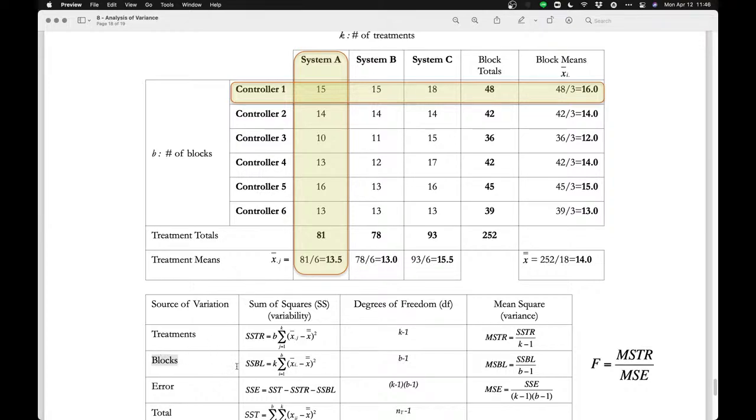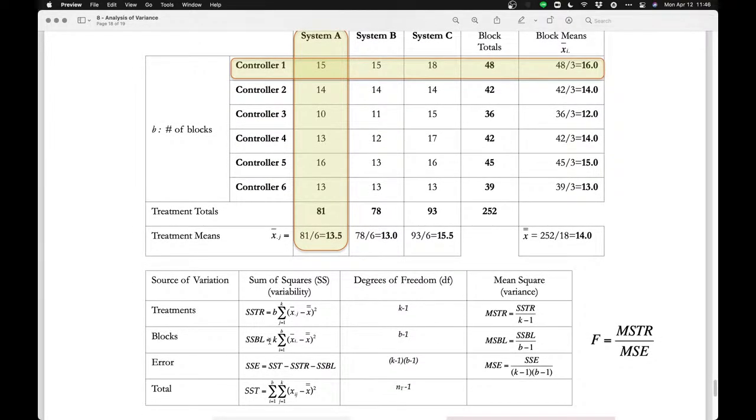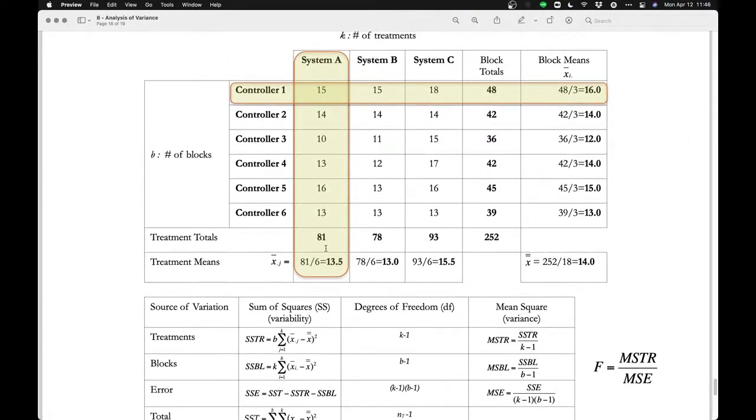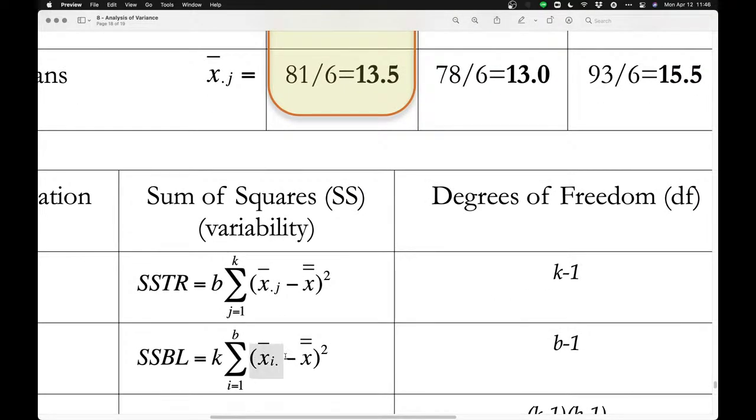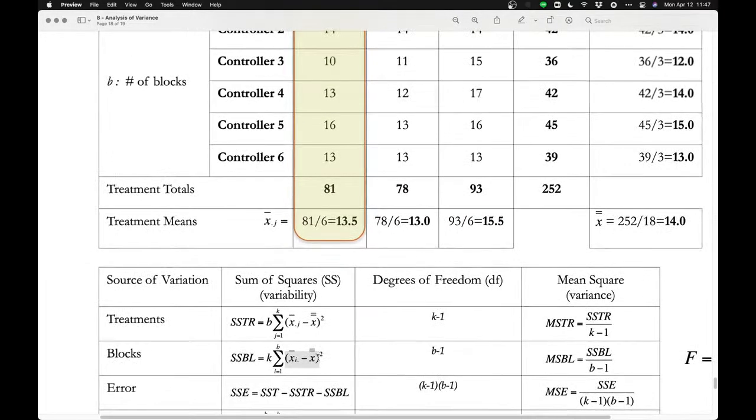Then there's variance or variability due to the blocks. The different controllers will have different effects. So what we want to do to take them into account is we'll go row by row through each controller and we'll compute their mean for controller 1, controller 2, controller 3. We'll compute all their means, see how these means differ from the grand mean.